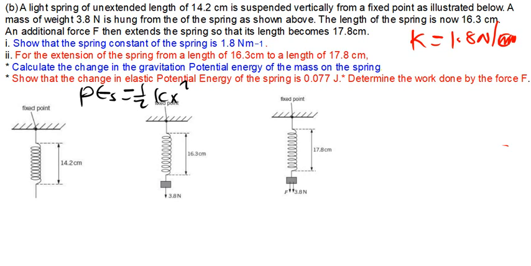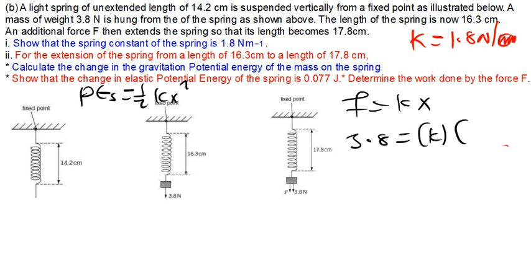F will be equal to 3.8 in this case, equal to k times x. Now my x I'll use the same one as last time, this minus that, which was 2.1. We have to convert this to meters, which will be 0.021 if not mistaken.